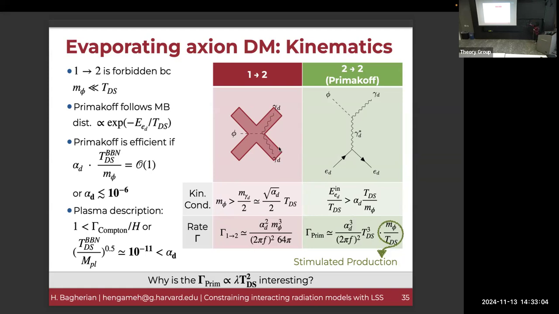That comes from all these occupation numbers of the particles that are involved in your process. This is the Primakoff process that I'm looking at. If you take the ratio, let's say you have N1 incoming, N2 incoming, these are the number densities of the incoming and outgoing particles, then you have N1 outgoing, N2 outgoing.